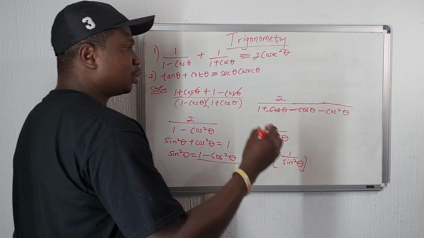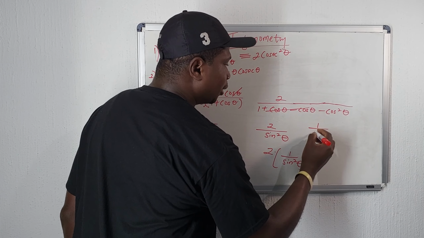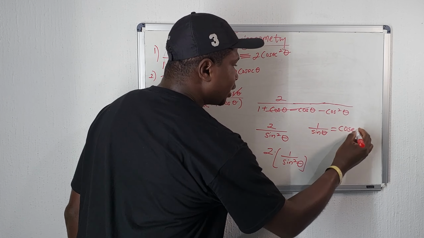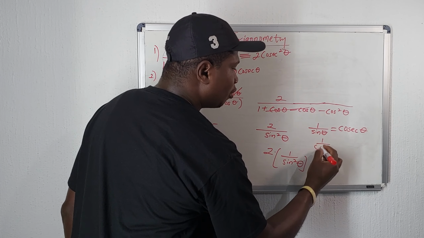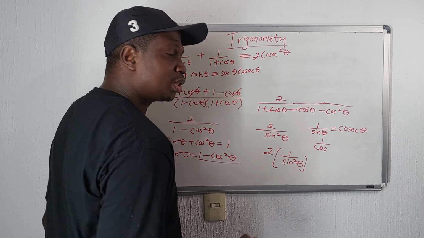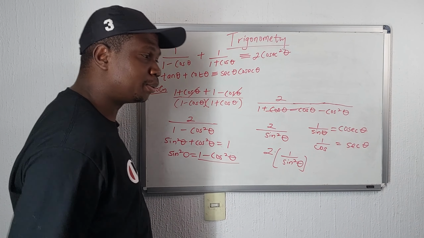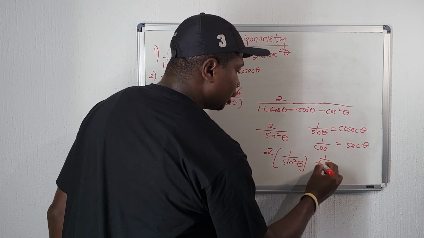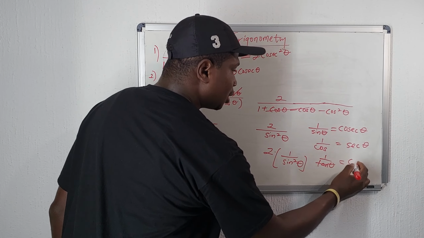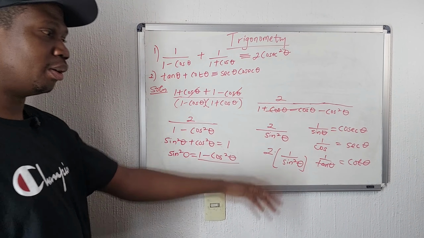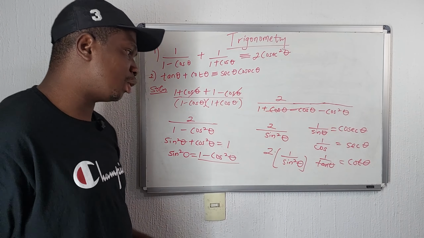In our previous video we showed that 1 over sine theta is cosec theta, 1 over cos theta is secant of theta, then 1 over tan theta is cotangent of theta.